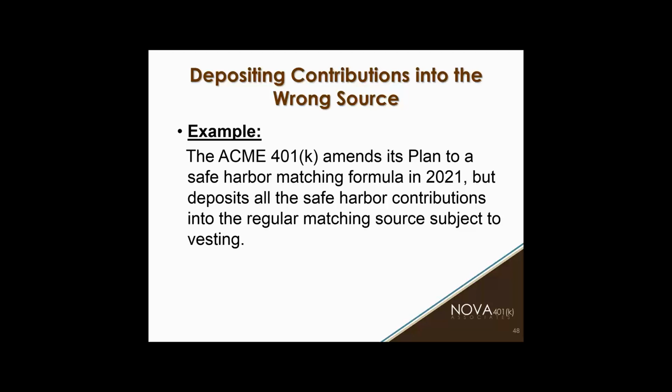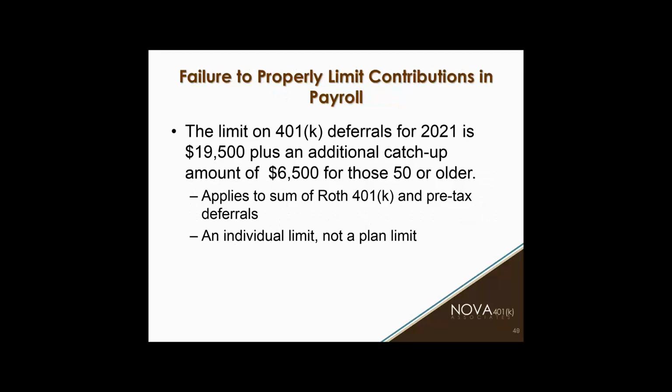Safe harbor contributions are 100% vested immediately, whereas discretionary matching contributions are subject to the plan's vesting schedule. So we've got a problem that we would have to go in and fix because people could be paid out incorrectly. If somebody leaves before we notice this, then they probably got paid out incorrectly, and there's even more corrections to be made. It's just time and money, basically, to fix these problems.